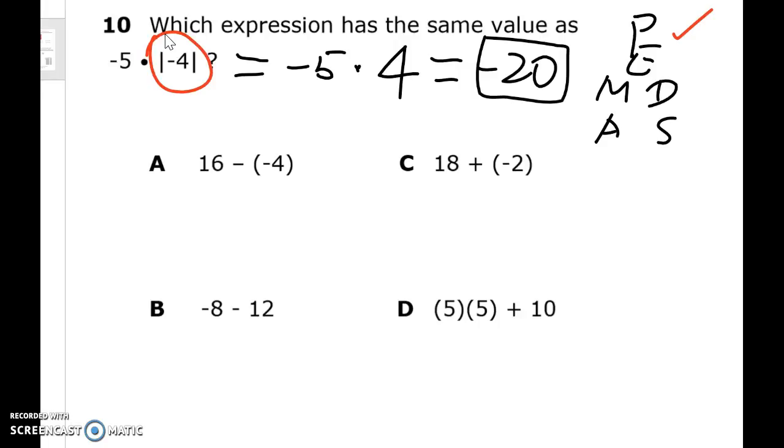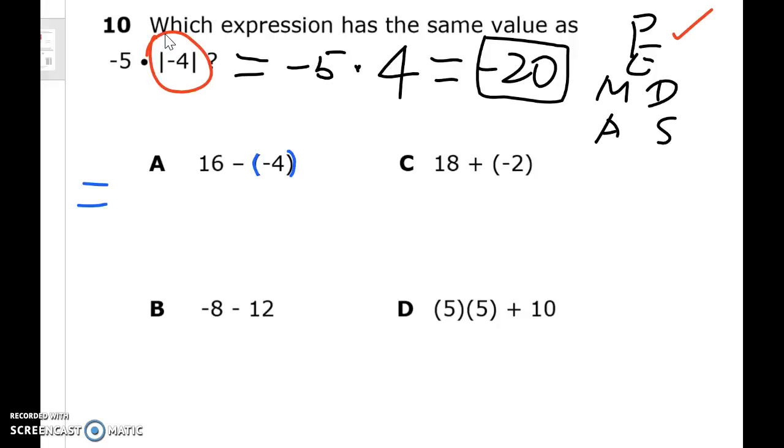So now A, I'm going to use blue. We have this parenthesis. Is that a group sign? No, that's not a group sign. It is just a number isolator. We just wanted to separate this -4 from the subtract sign.